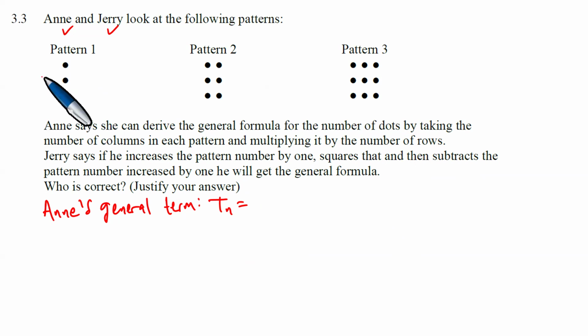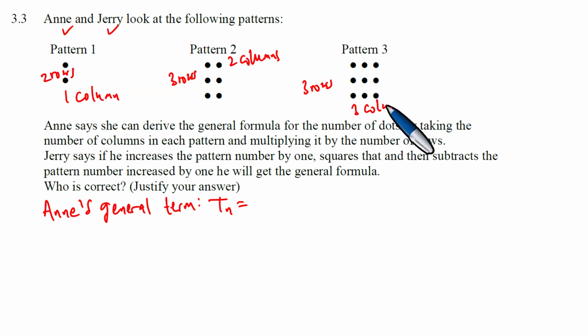So you have 1 column and then you have 2 rows. Here you have 1, 2, 3 rows and 1, 2 columns. 1, 2, 3 rows and 1, 2, 3 columns.